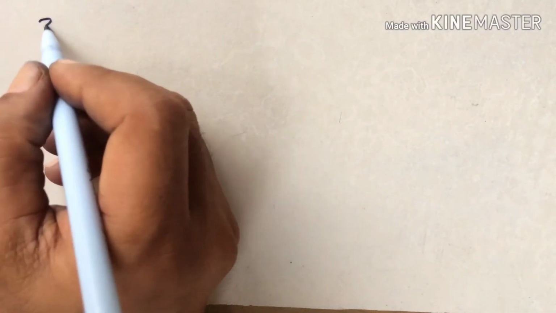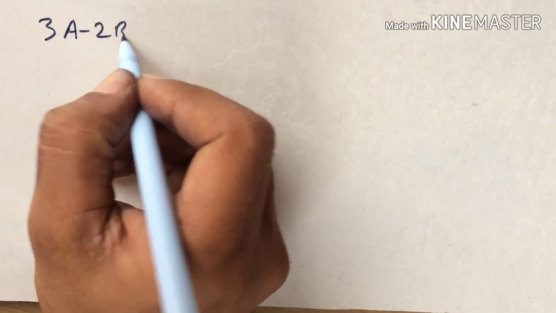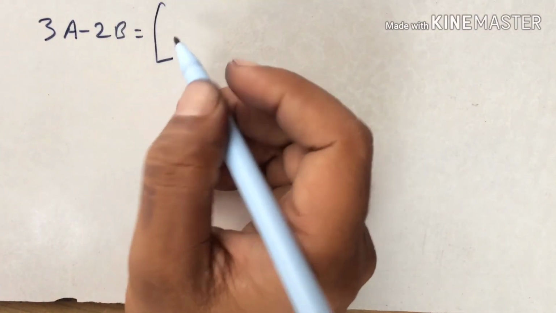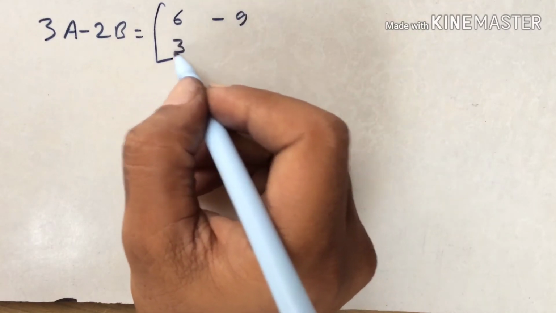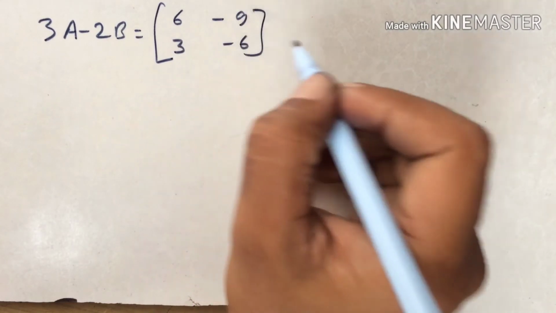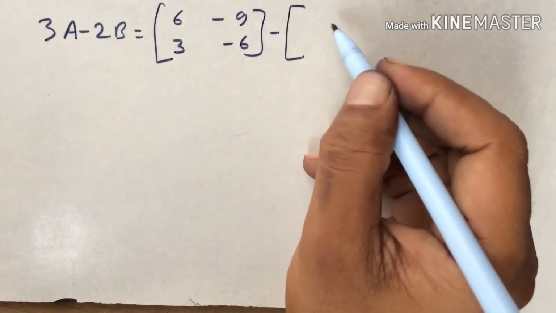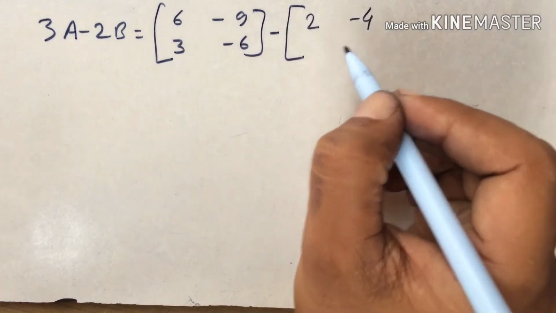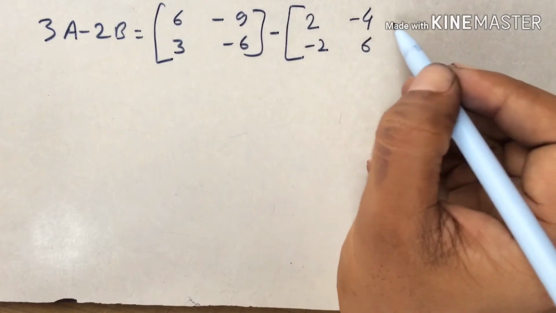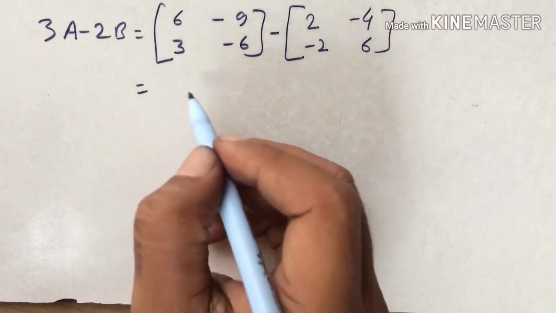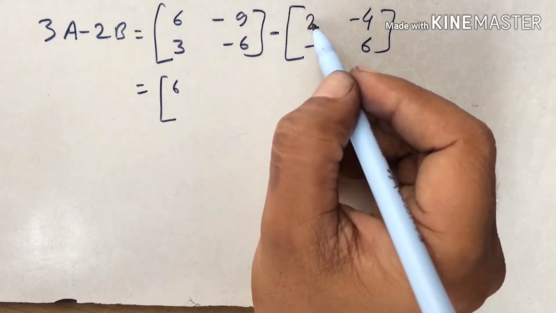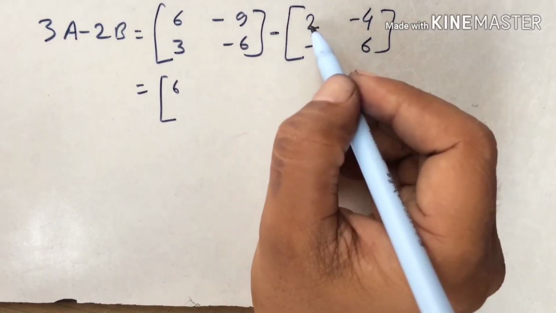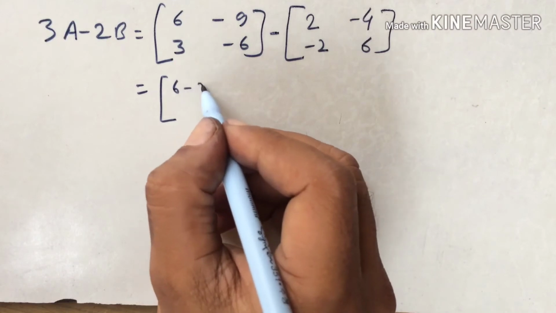Dear students, now 3A minus 2B is written as [[6, -9], [3, -6]] minus [[2, -4], [-2, 6]]. Here 6 minus 2 is 4.